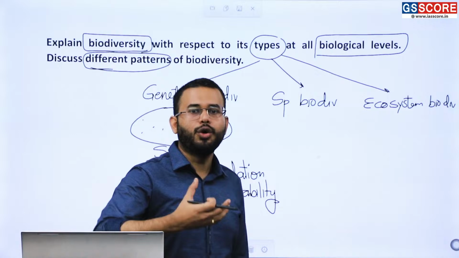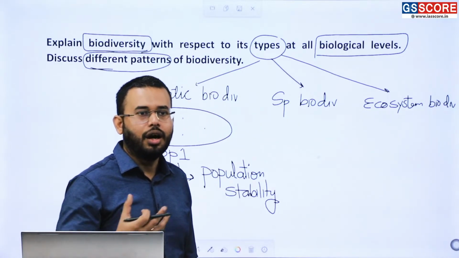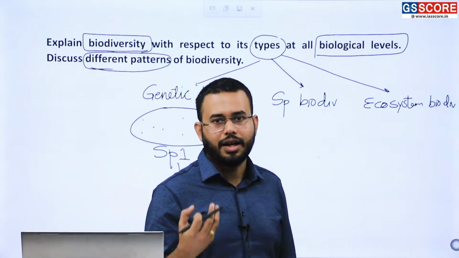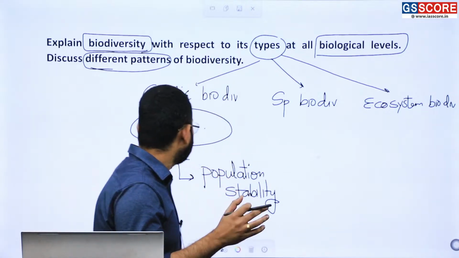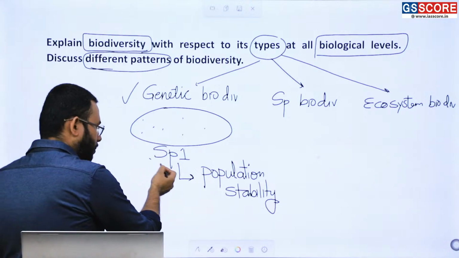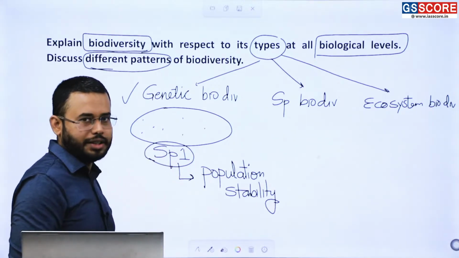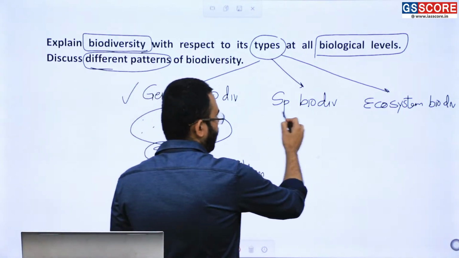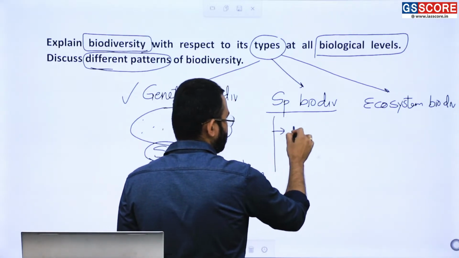If there is more homogeneity in the population, the entire population is under threat of extinction, right? So for that reason genetic biodiversity is important. Keep in mind that it is within the species. Species biodiversity is interspecies.